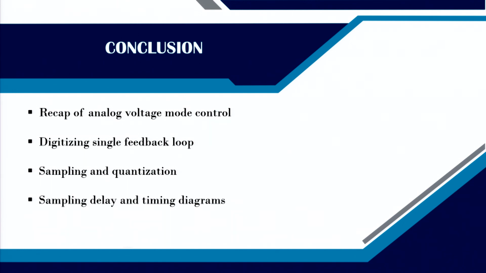Then we have also shown that there will be sampling delay, and we have also drawn some timing diagrams that will motivate that when you go to more practical design, such delay we have to consider, and with this delay we have to extract how much performance can be achieved. Okay, and what will be the fast scale stability. And finally, we have summarized the basic steps of digital control, digital voltage mode single loop control.